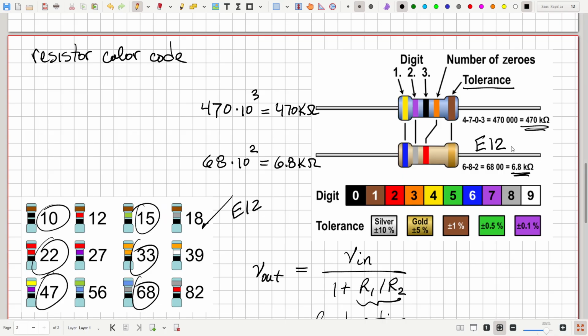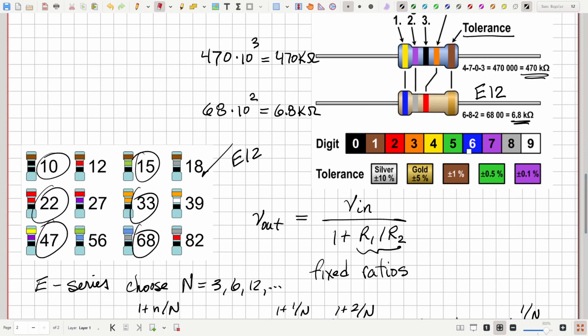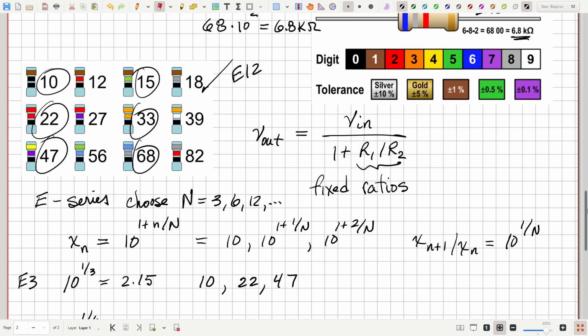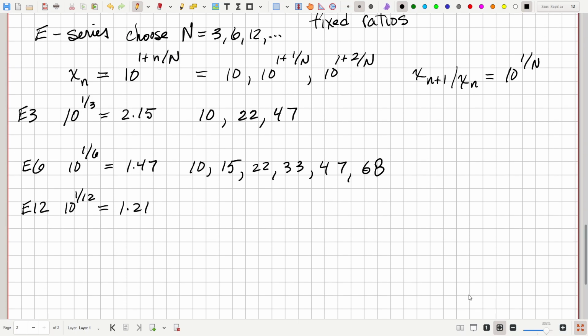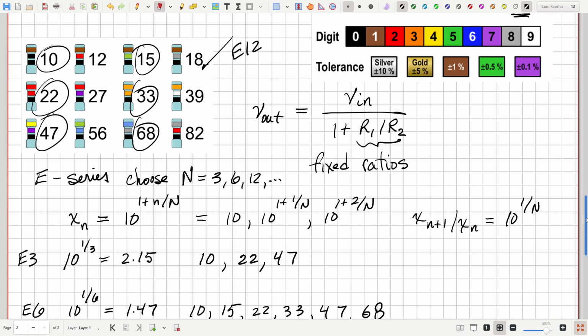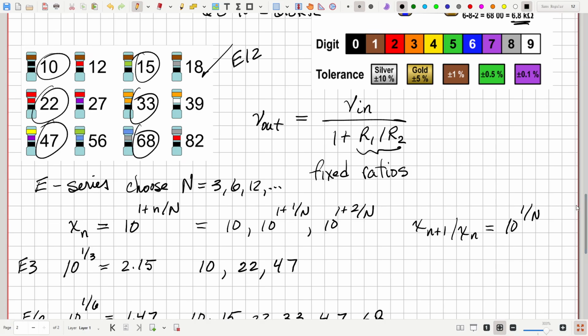It makes sense that, since these resistances are only known to within plus or minus 5%, it doesn't make much sense to have this 20% ratio down to 10%, because now the difference in the values of the resistances is almost on the order of their uncertainty, so it's not very useful.